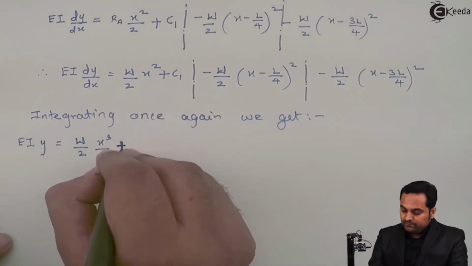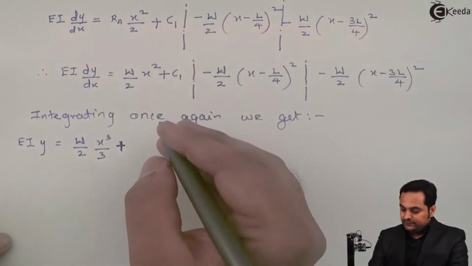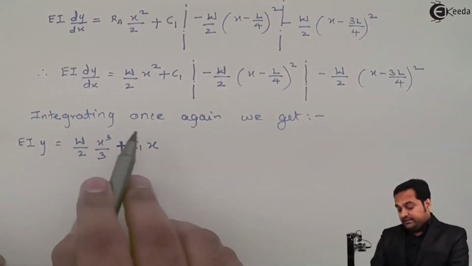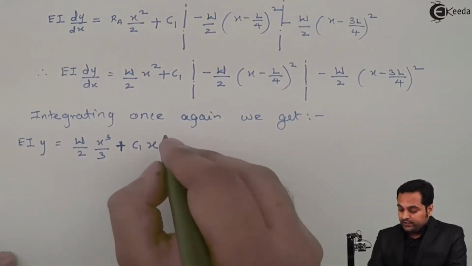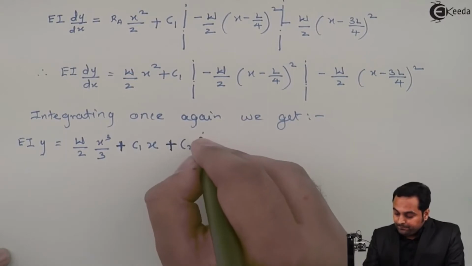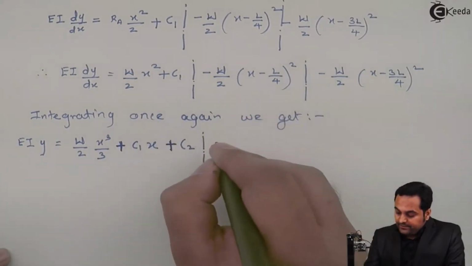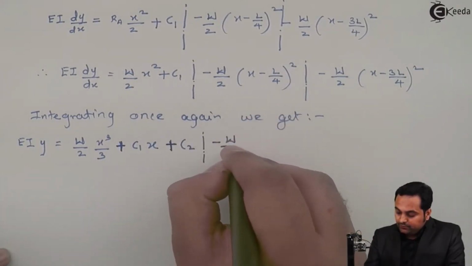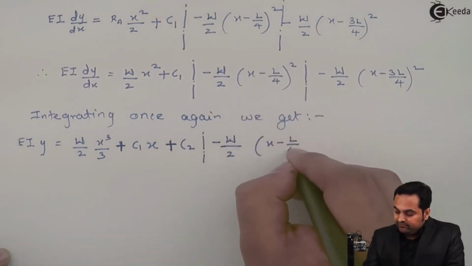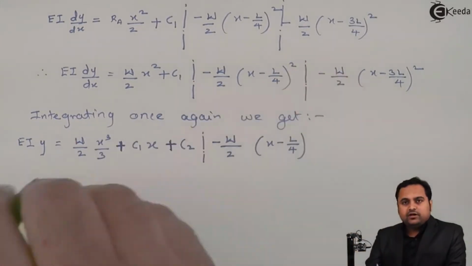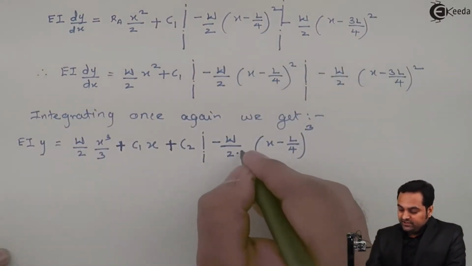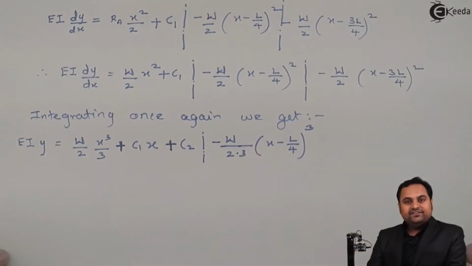So integration of C1 with respect to dx will be C1 into x. Then I am integrating for the second time, so I'll have another constant called C2, then minus W by 2. Here we have x minus L by 4 square, so after integration it becomes cube divided by 3. So this 3 will be here in the denominator.